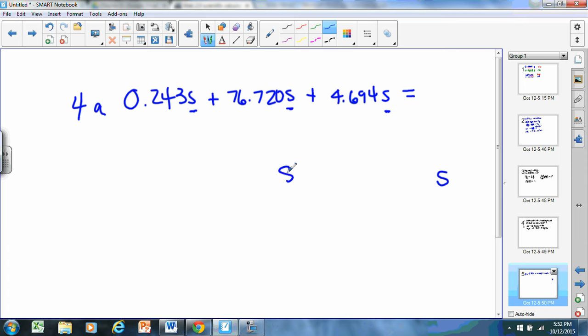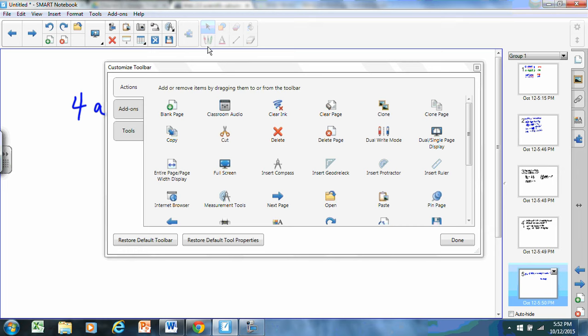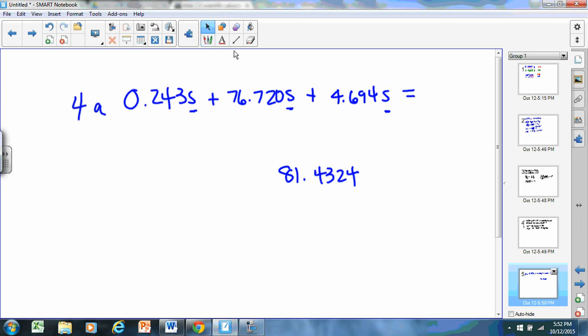I get 81.4324 seconds. Okay, I'm going to go up here and grab the eraser because that's a little bit too far away. Sorry, guys. And so seconds.